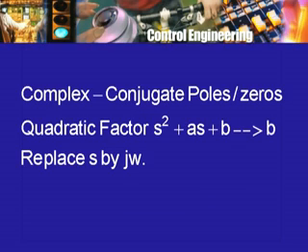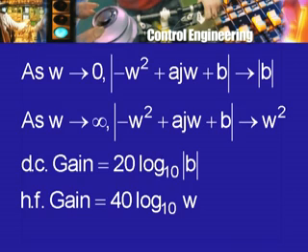At the high frequency end, because omega is large now, the terms coming from as and b are both negligible. So, essentially we get the term coming from s squared, which is simply minus omega square when s is replaced by j omega, and then we take the modulus of this and 20 log to the base 10.